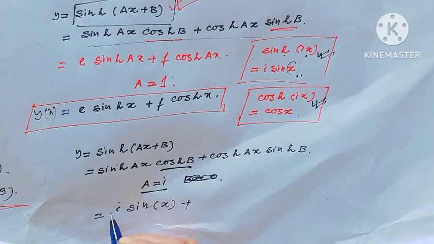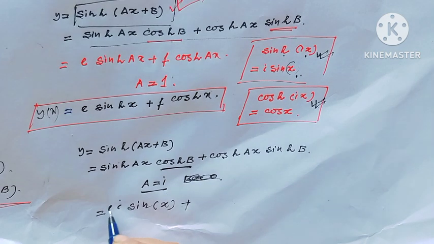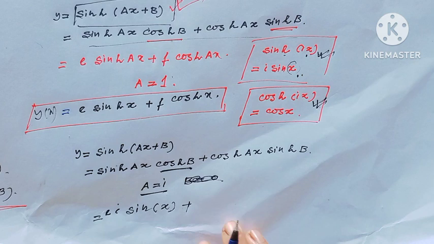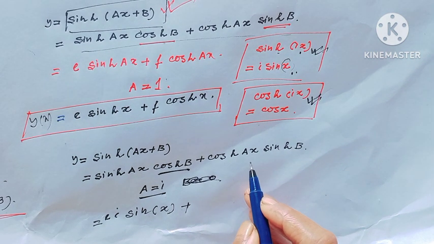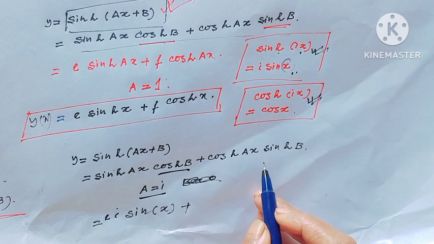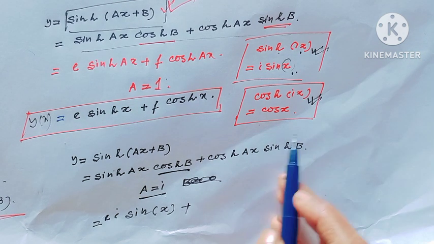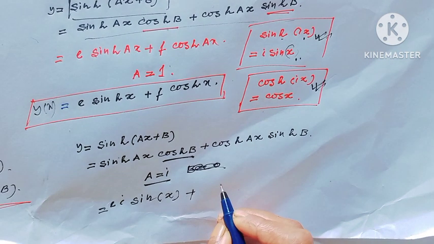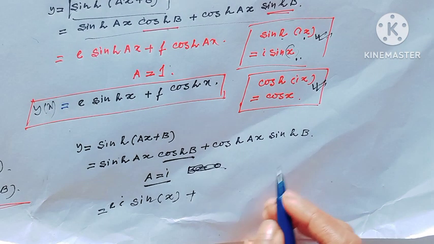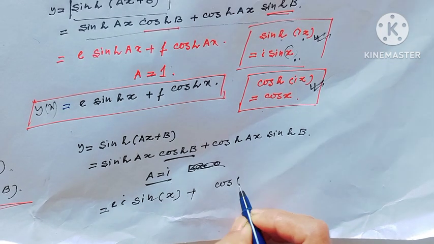So consider this constant is e, and since here I have considered a equal to i, cos hyperbolic ix means obviously cos x.